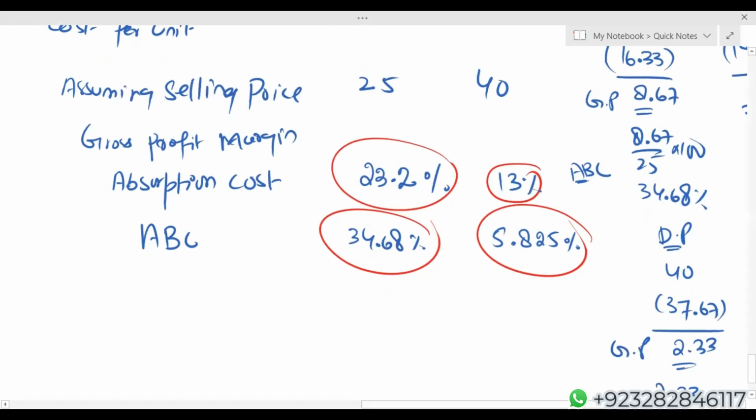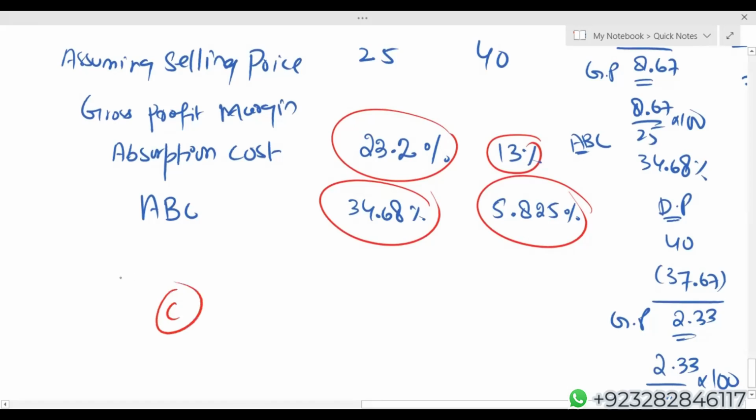Now let us quickly discuss part C, reasons for the difference. I just want to explain you. You can write in your own wordings. Basically, number one reason is unfair allocation under absorption costing.